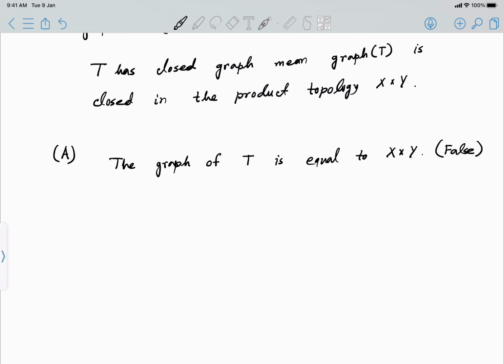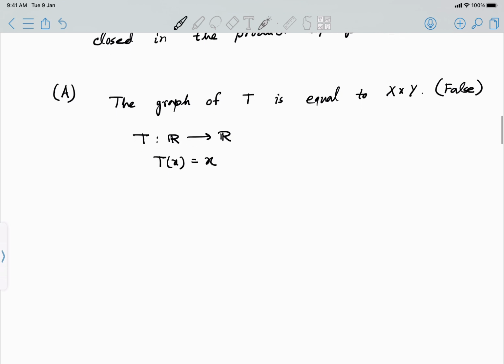Why? Let's take this example. T defined from R to R, the identity map, T of x going to x. Then what is the graph of T? The graph of T is (x, Tx) such that x belongs to R. So this is (x, x).